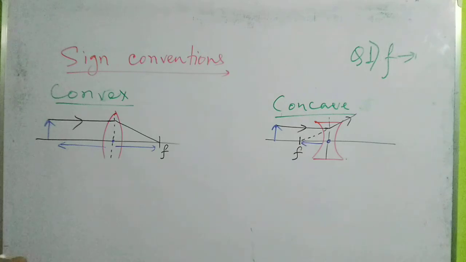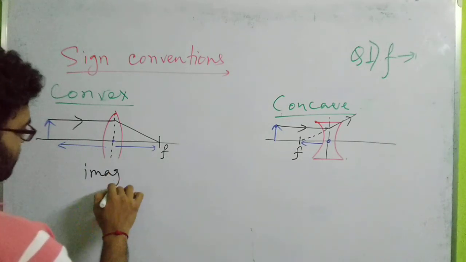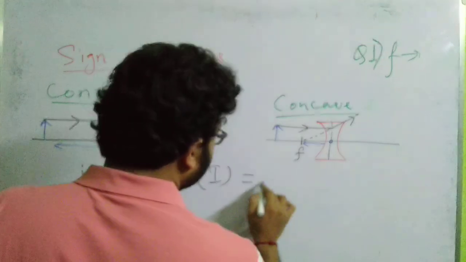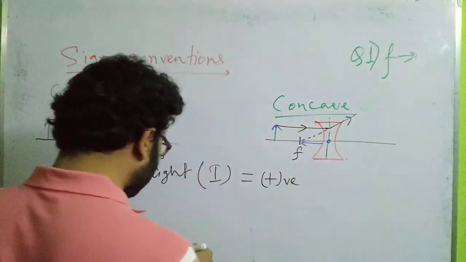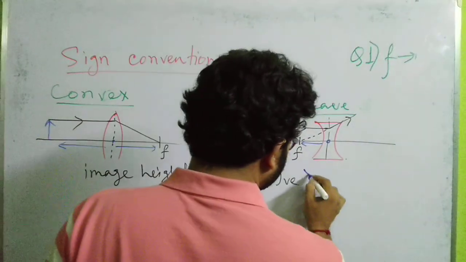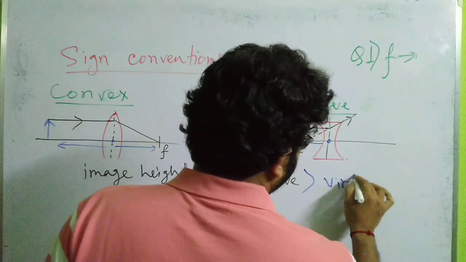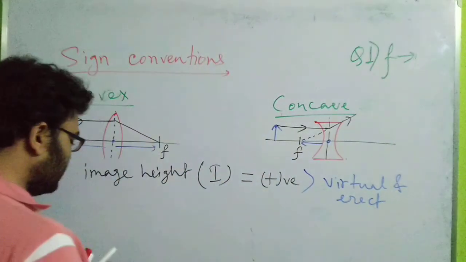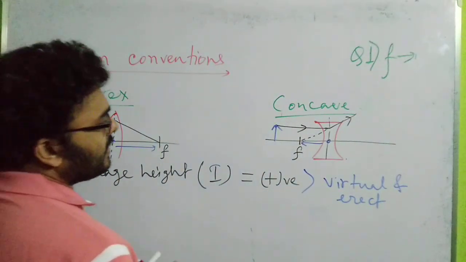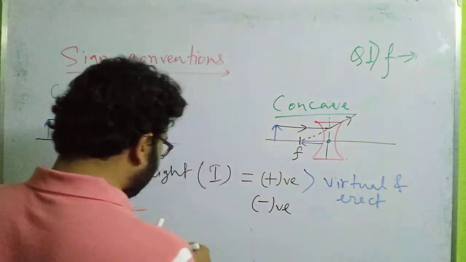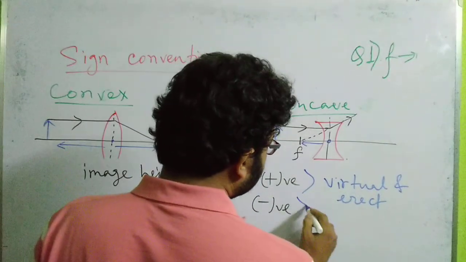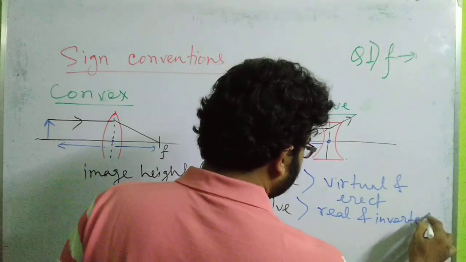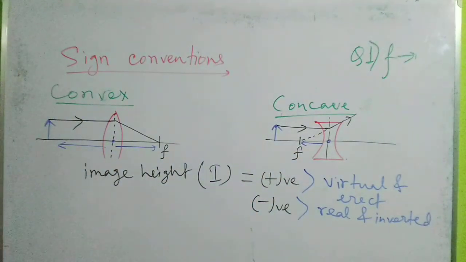The image height will be taken as positive if the image is virtual. Virtual images are always erect. So if the image is virtual and erect, image height is taken as positive, and it is taken as negative if the image is real and inverted. I think it is clear. Image height positive and negative.